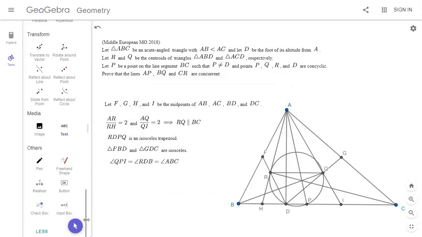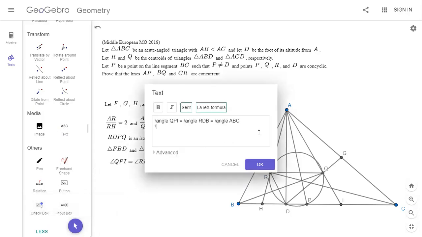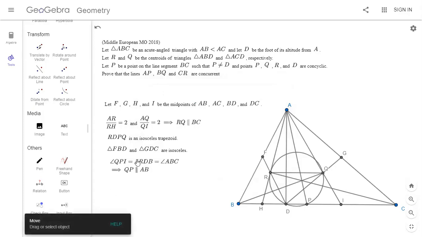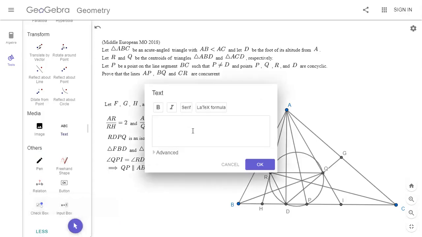And that means that QP is parallel to AB. And then similarly, RP is parallel to AC.